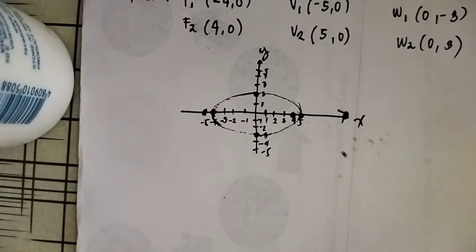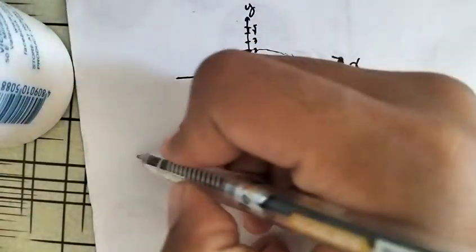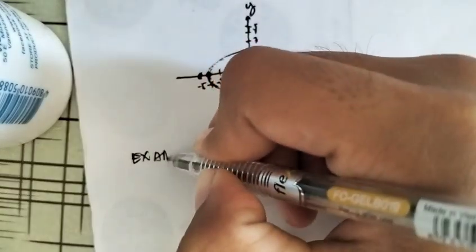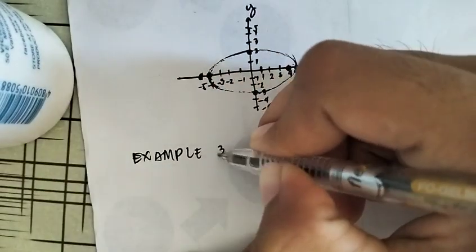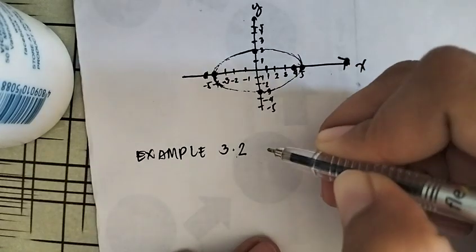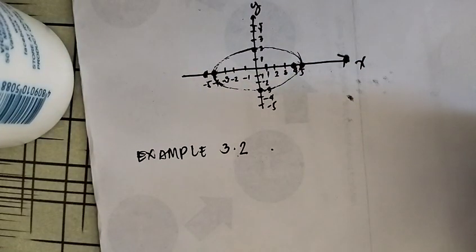Sige, next example. In your module, example 3.2, there is a figure. Given ang figure and papangitaon ang equation.